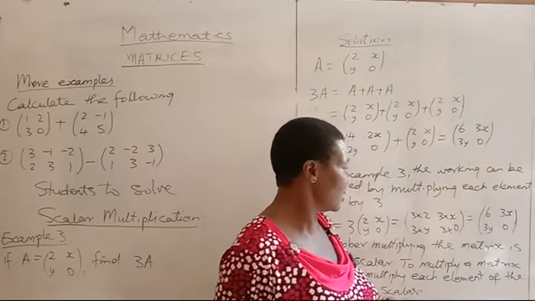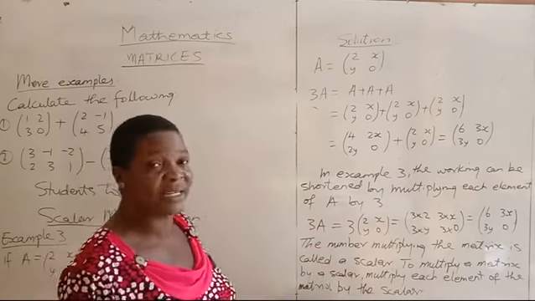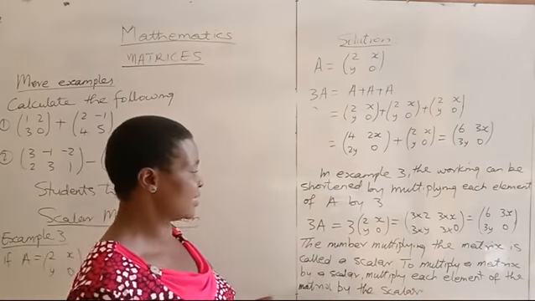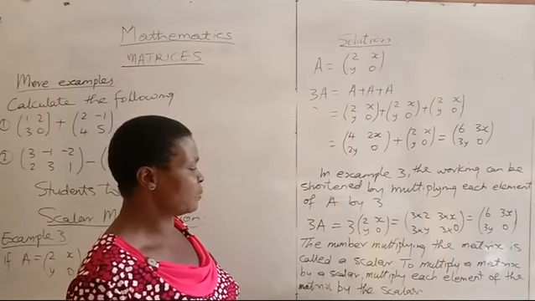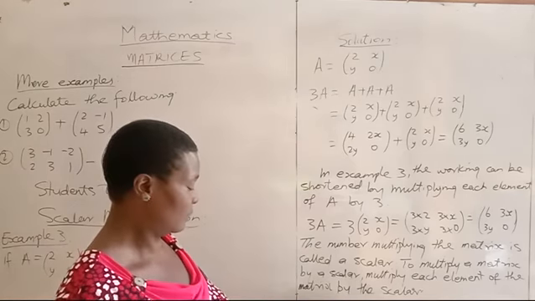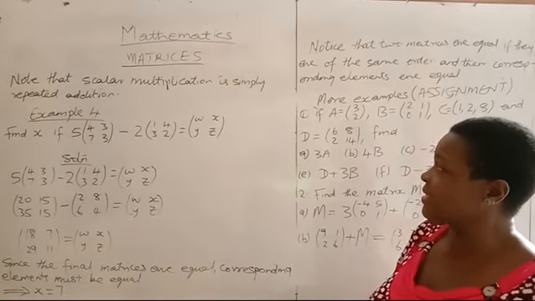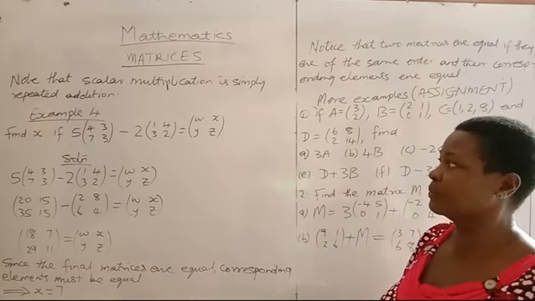Compare this with this, it will give you the same result. The number multiplying the matrix is called a scalar. To multiply a matrix by a scalar, multiply each element of the matrix by the scalar. Notice that scalar multiplication is simply repeated addition.